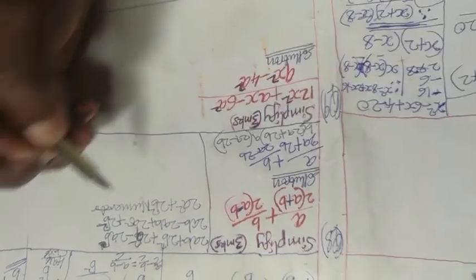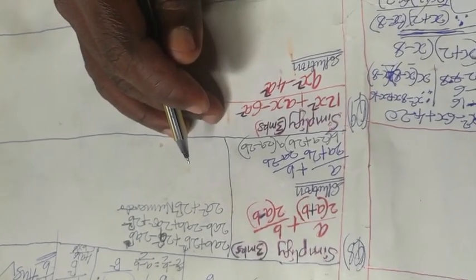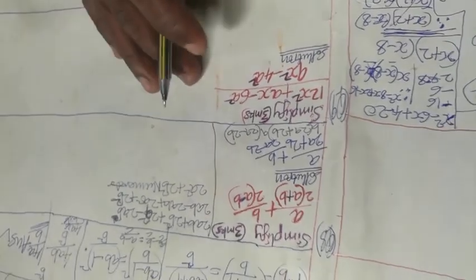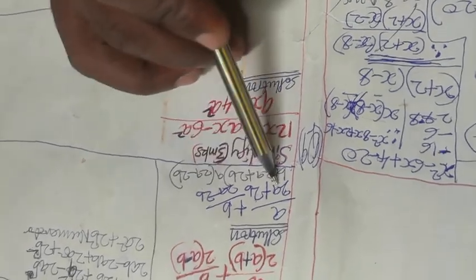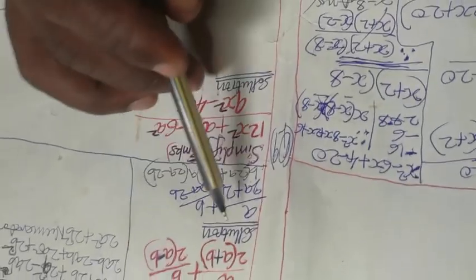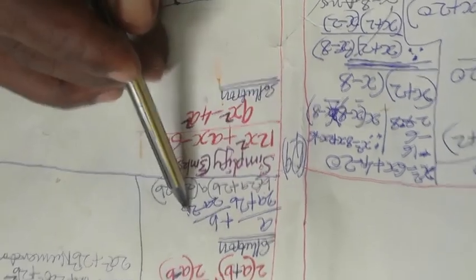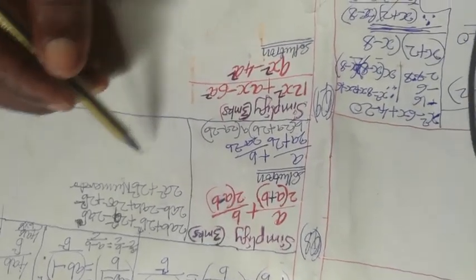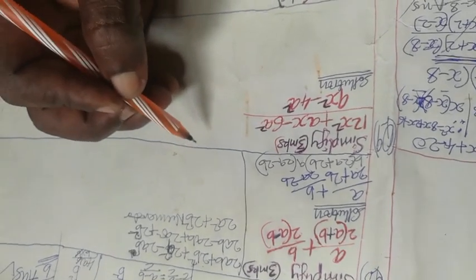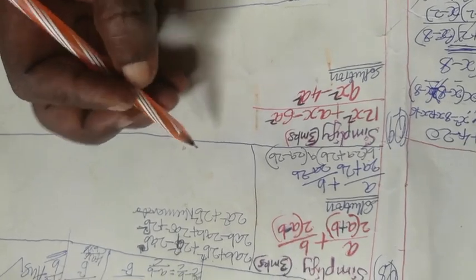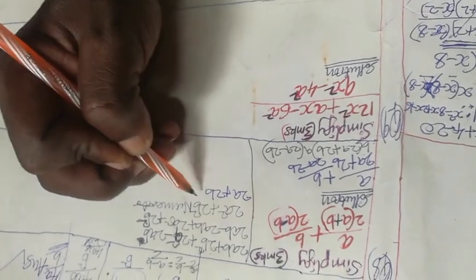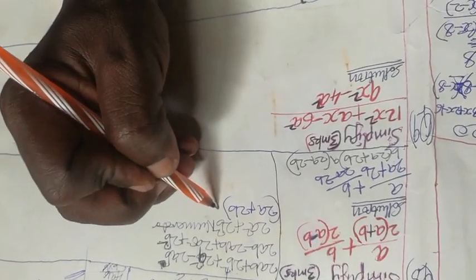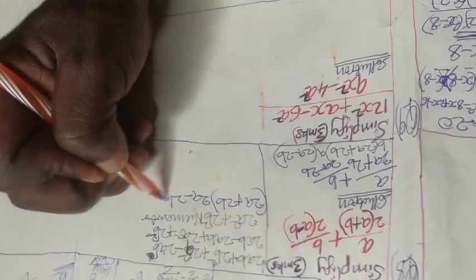Second step, expand the value of the denominator. We are going to expand the value of this part. By expanding the value of the denominator, we say 2a plus 2b, then 2a minus 2b.